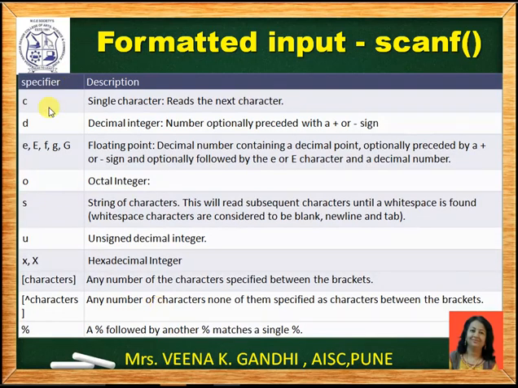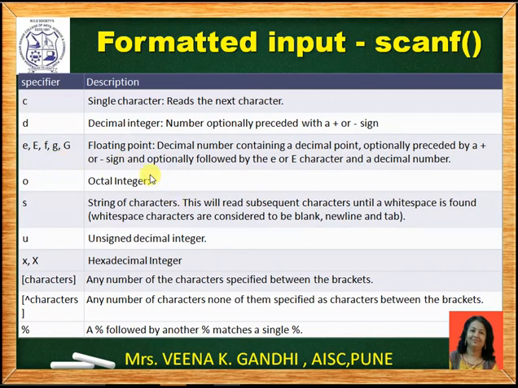Now the type specifiers: c is for character data. If you want to read a single character, you can use %c. If you want to read a decimal integer number with plus or minus sign, you can use %d. For a floating point number, you can use small f, capital E, small e, g, or capital G. Any one you can use for that. Normally %f is used.